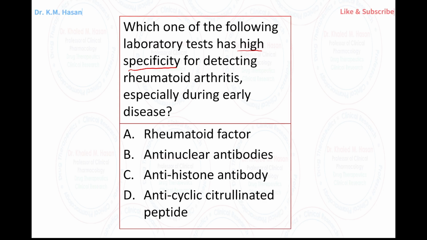So we have four options: A, B, C, D. Which of the following laboratory tests has high specificity for detecting rheumatoid arthritis? Okay, let us know your answer for this question in the description box.